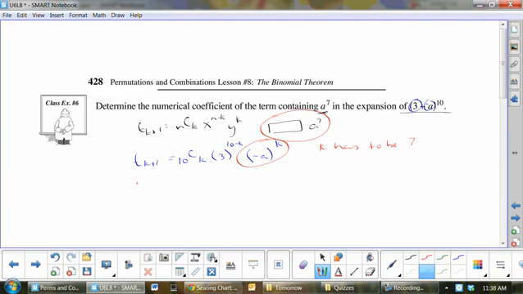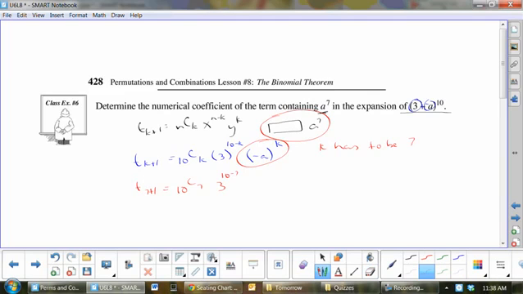So I'm looking for t to the 8, which is 10C7, 3 to the 10 minus 7. To be smart, this is the way I always do it: I always go 7 plus 1, and then I don't keep making the same mistake.